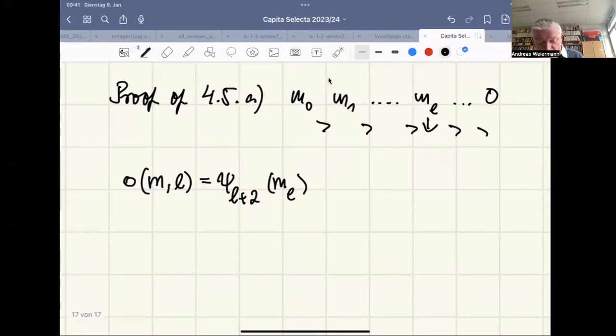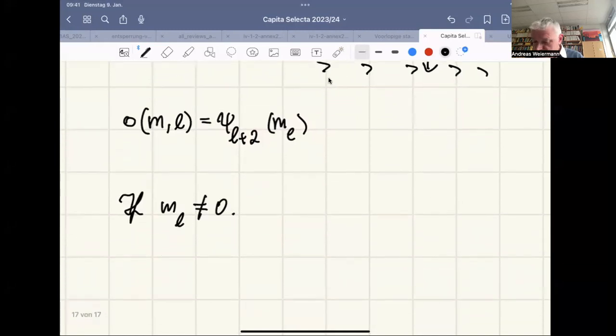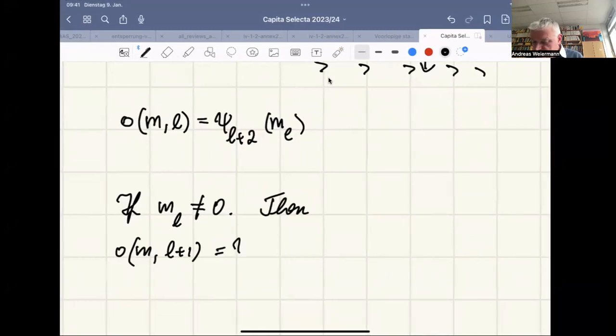Now, if at time L the Goodstein sequence is not yet 0, what's going to happen? Then O of M L plus 1 is equal to psi L plus 3 of M L plus 1.